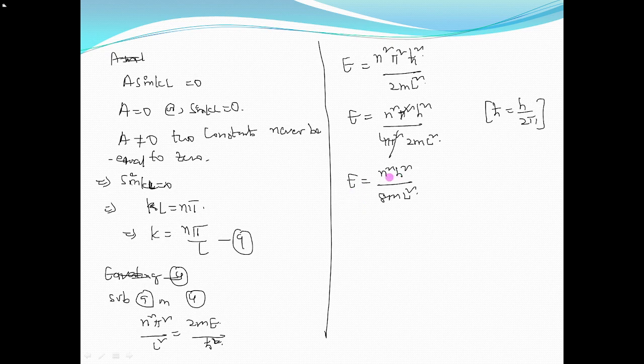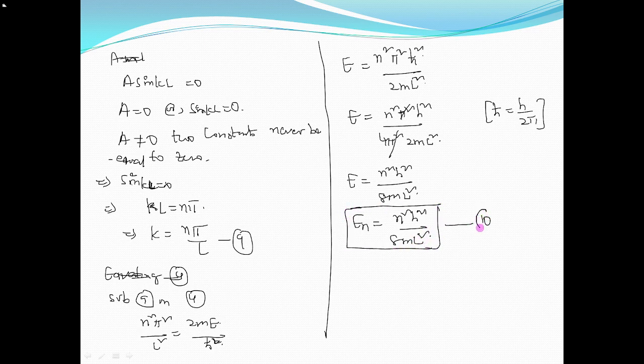So E_n is equal to n square h square by 8m L square. This is the expression for energy.